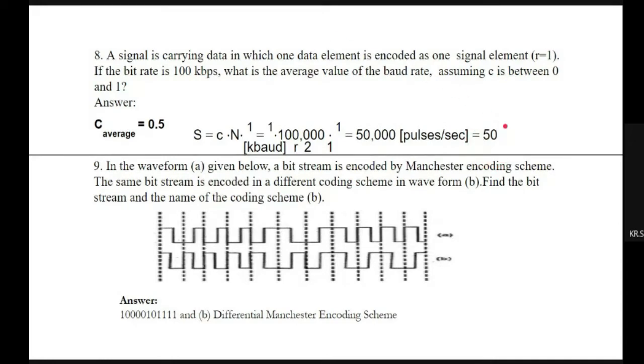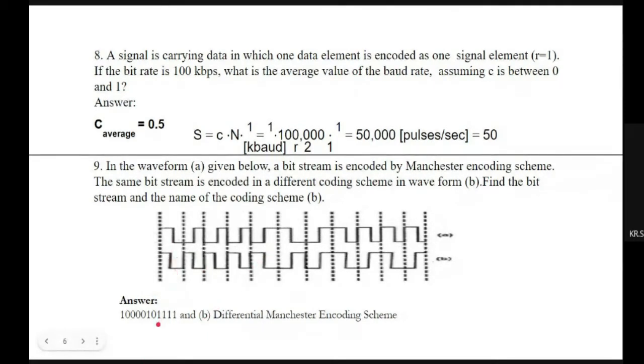Okay, kilopulse per second. So this is the next problem. It is asked from the differential Manchester encoding scheme. In waveform A, given below, the bit stream is encoded by the Manchester encoding scheme. You have to find the same bit stream encoded in a different coding scheme, which we name B. So you should identify the value of this differential Manchester encoding.